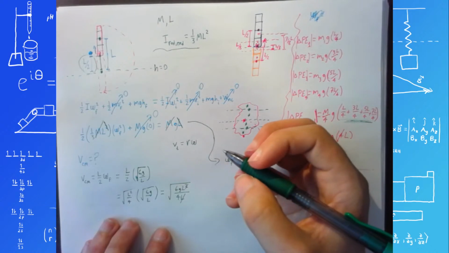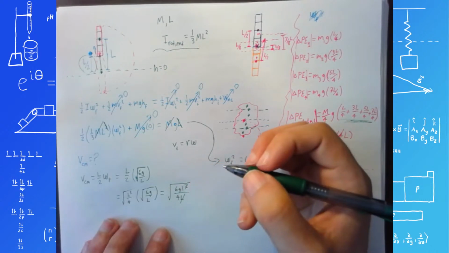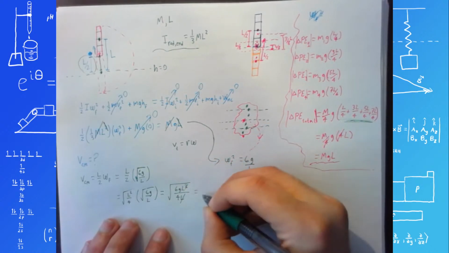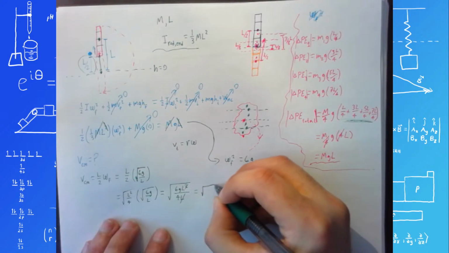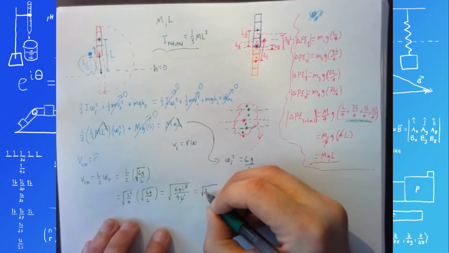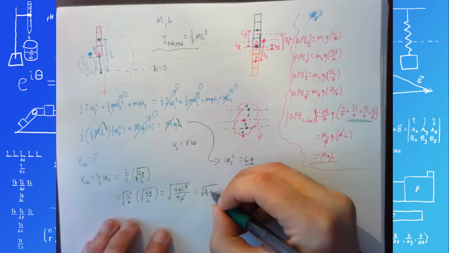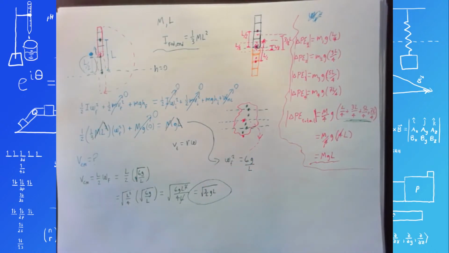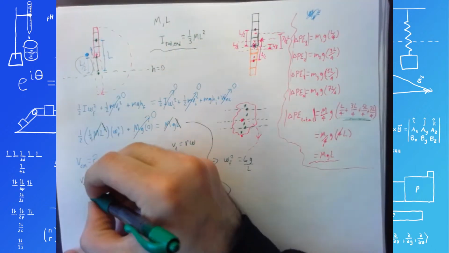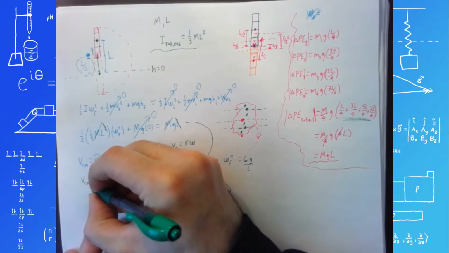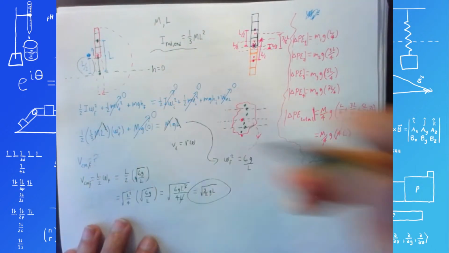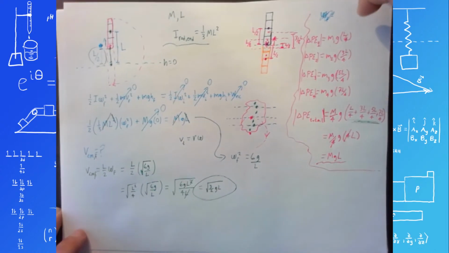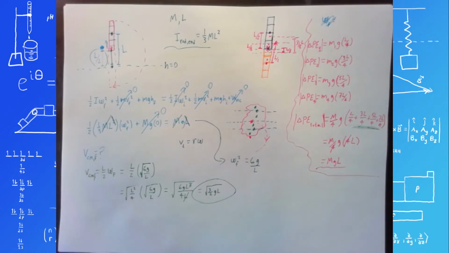We can reduce an L, and 6 over 4 simplifies to 3 over 2. So this is going to be root 3 over 2 GL would be the final velocity of the center of mass. I probably should have said VCM final in both of these cases. And there you go.